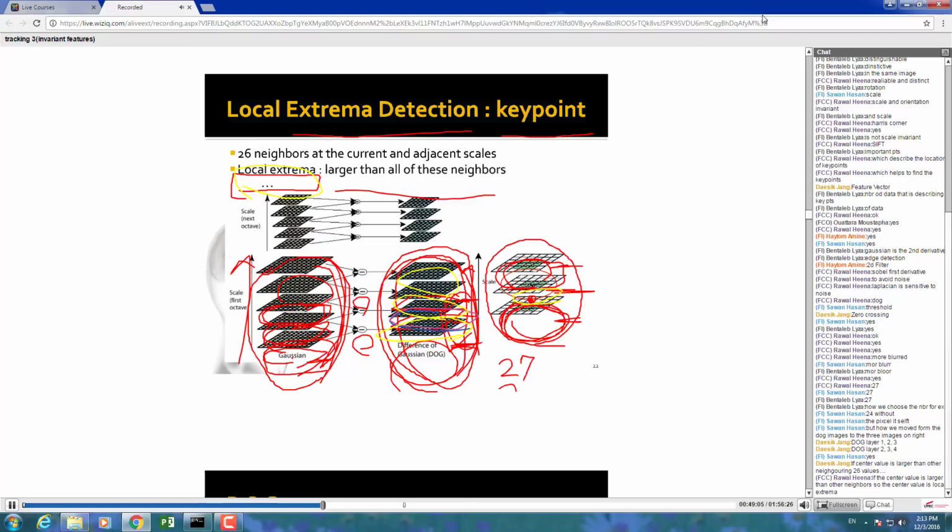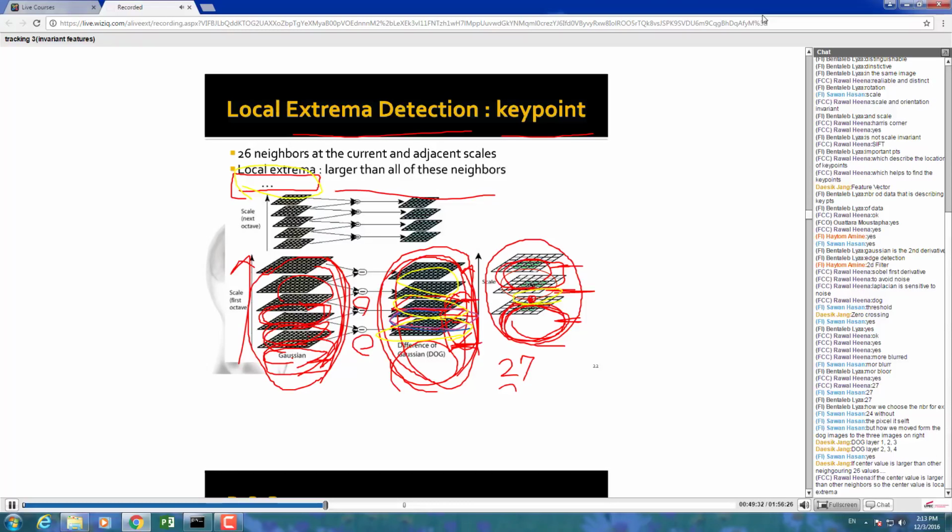Very unique, even over different DOG, different scale levels, just based on the 3 layers. So in this sense, we can say this center point is a kind of important point we need to detect. That is the basic concept of this process.